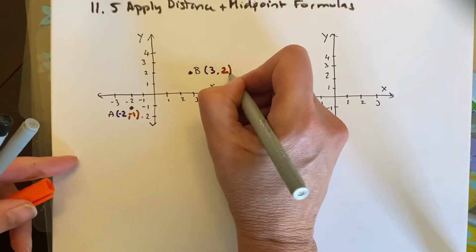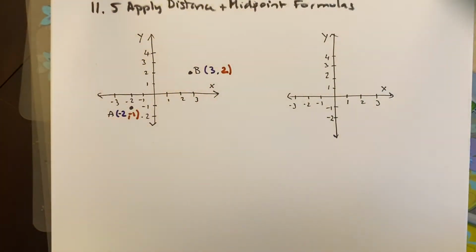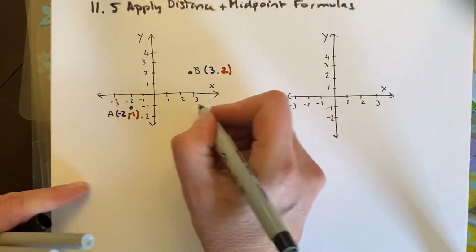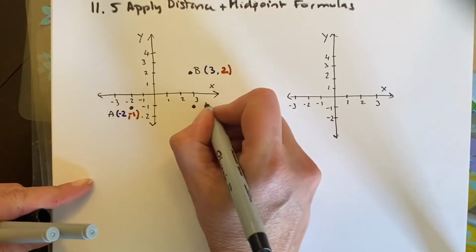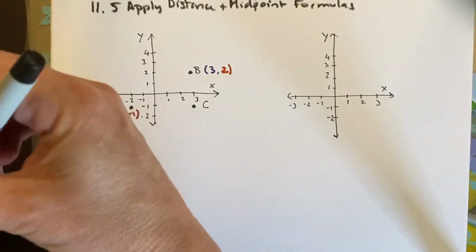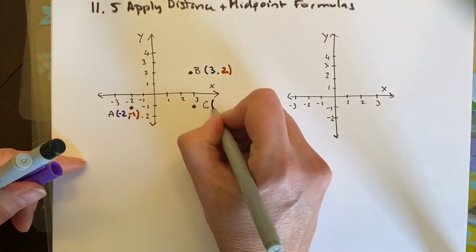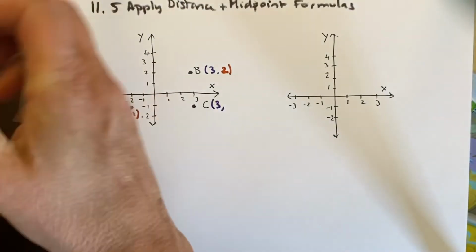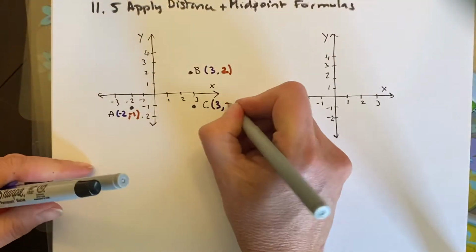I'll close the parentheses in orange, it won't hurt. And then point C at 3, -1. And this is point 3, -1.